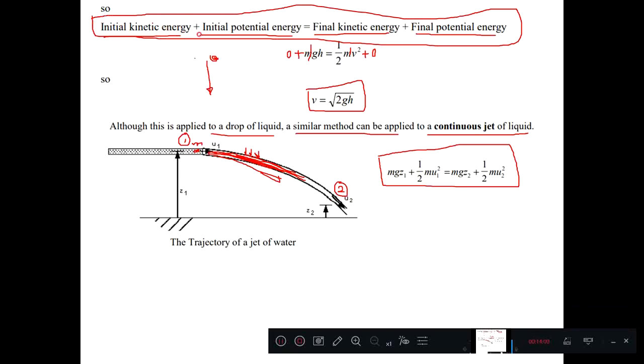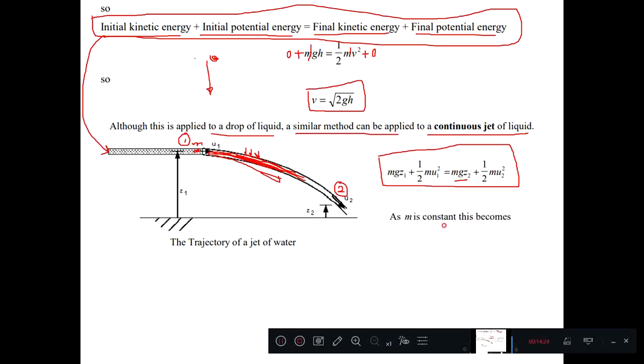So I am applying the same formula here. Initial potential energy mgz1 plus initial kinetic energy half mu1 square is equal to final potential energy mgz2 plus final kinetic energy half mu2 square.